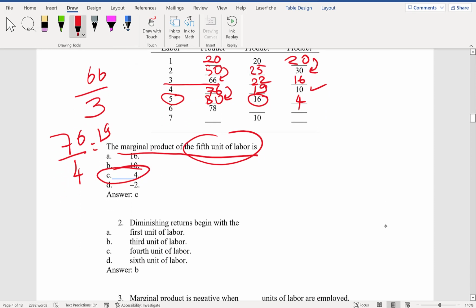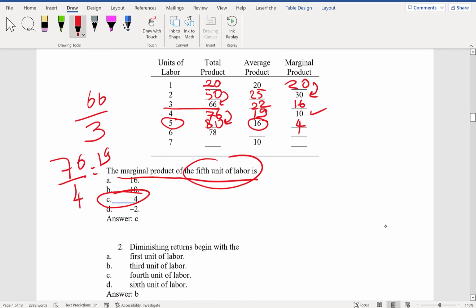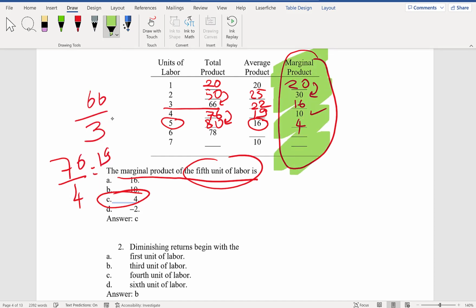Let's move on to question 2. Diminishing returns begin with, oh, this is really easy. I'm going to look at marginal product. And whenever marginal product starts going down, that's when diminishing return sets in. So 20, 30, it's going up again. Oh, with the 3rd worker, okay, 3rd unit of labor, diminishing return sets in.